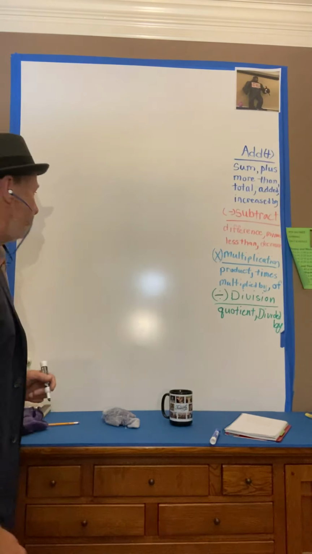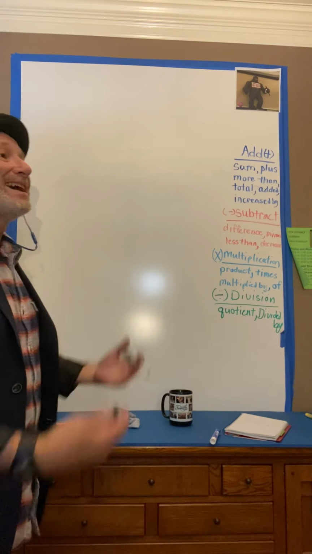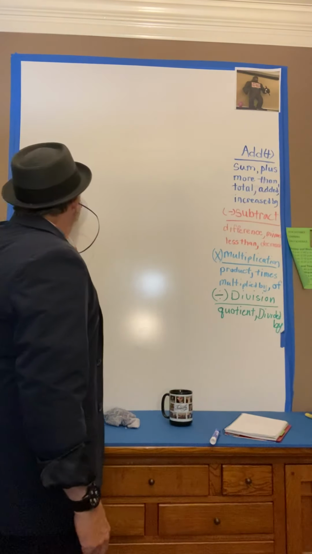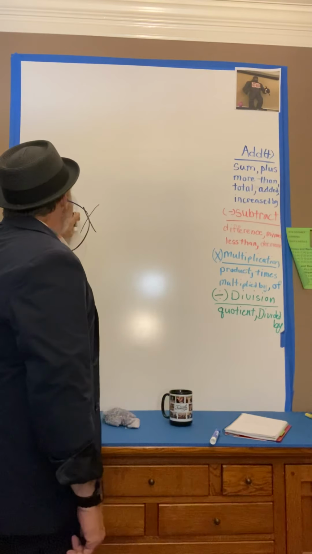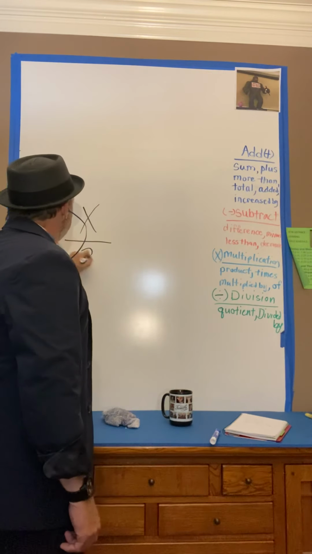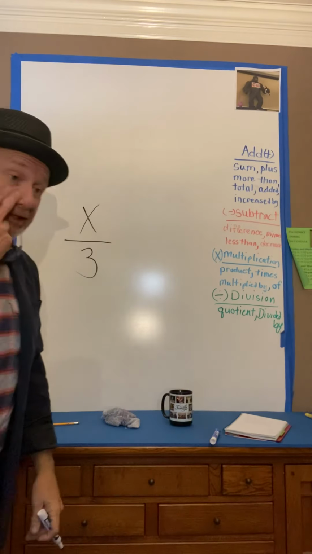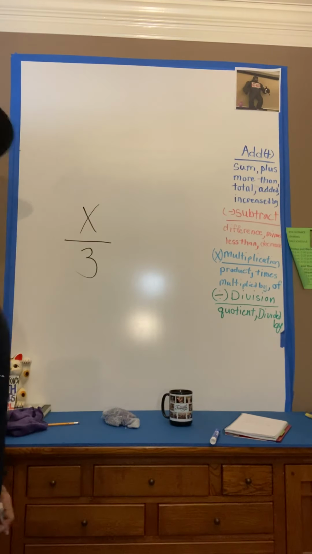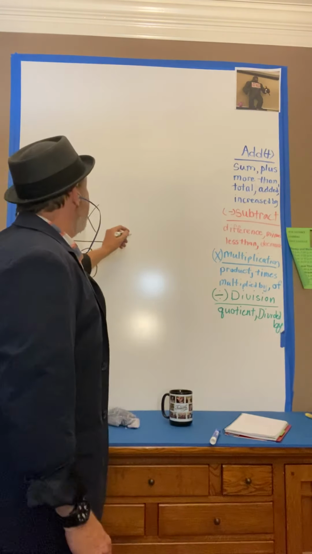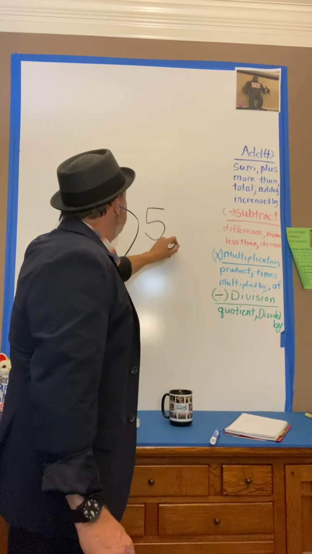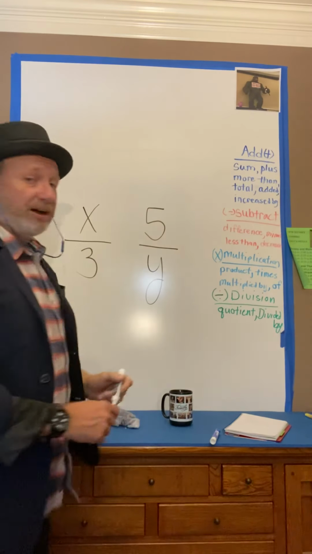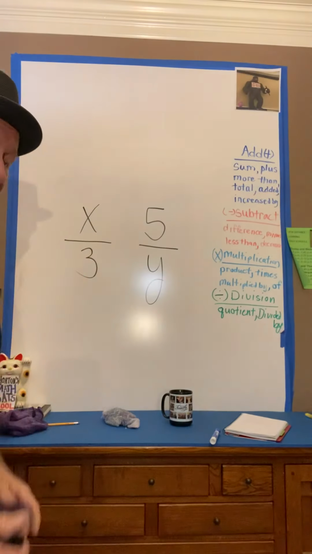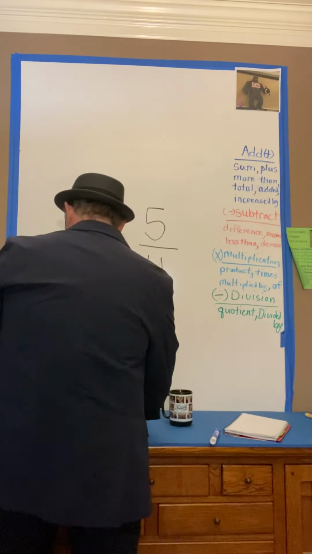The second thing goes on bottom. The quotient of a number x and 3 is going to be x over 3. What if I said the quotient of 5 and a number y? See how I wrote that as division. We good so far?